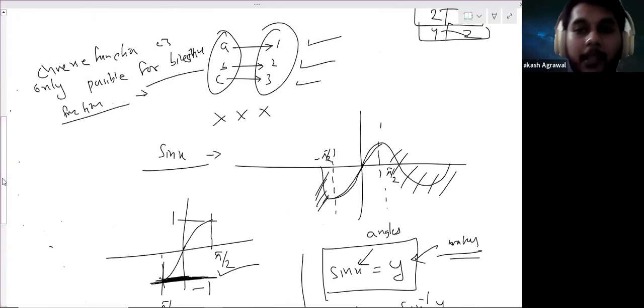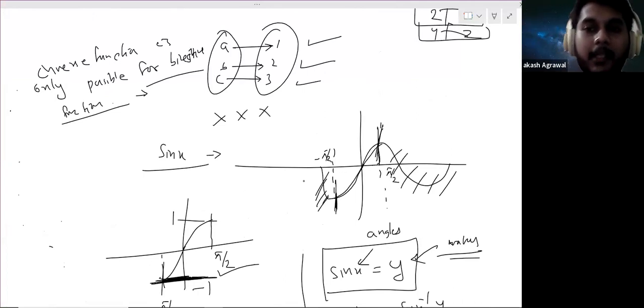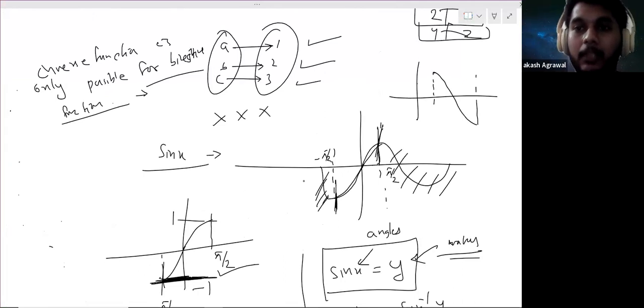Why is this called principal range? Because I told you we broke the graph from here to here. But you may say, sir, why only this? I will draw the graph like this. This is also bijective, right? Yes.